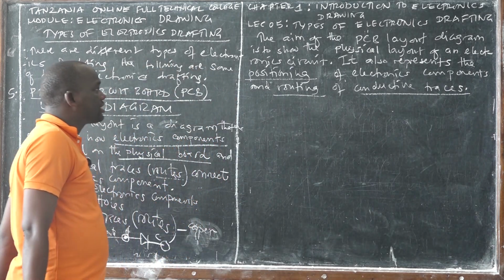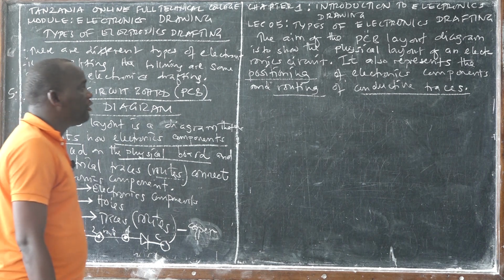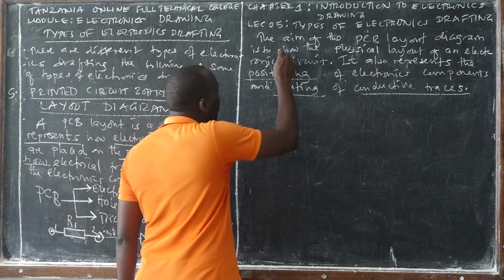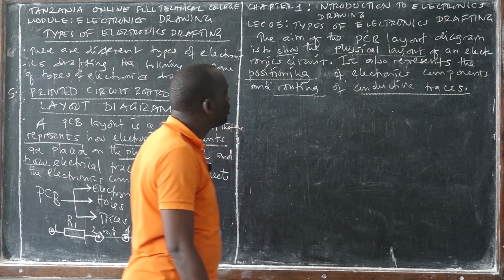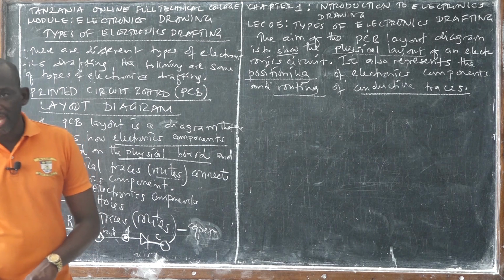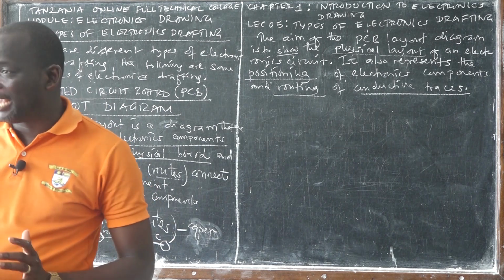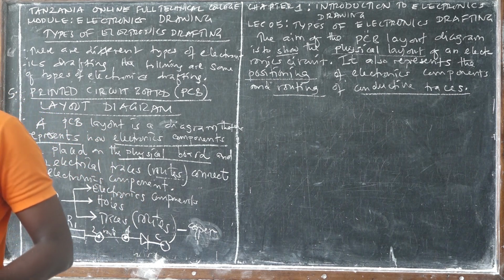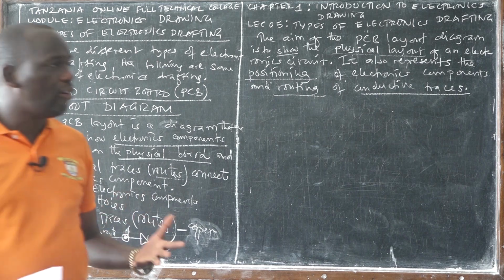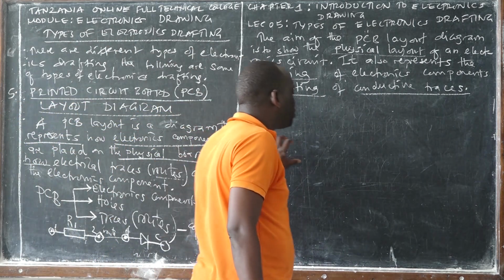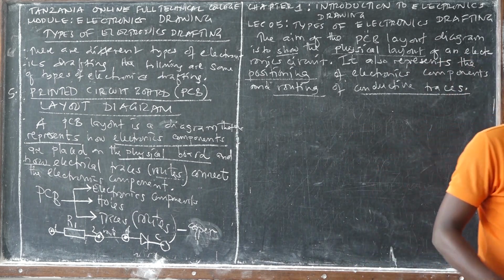So this is a simple discussion. The two sentences are very important. Listen, stop writing. The aim of the PCB layout diagram is to show the physical layout of an electronic circuit. So the aim of the PCB layout diagram is not to show the concept behind the electronics, maybe the schematic circuit or that electronic circuit. The aim of PCB layout is to show how that system looks physically after implementation.